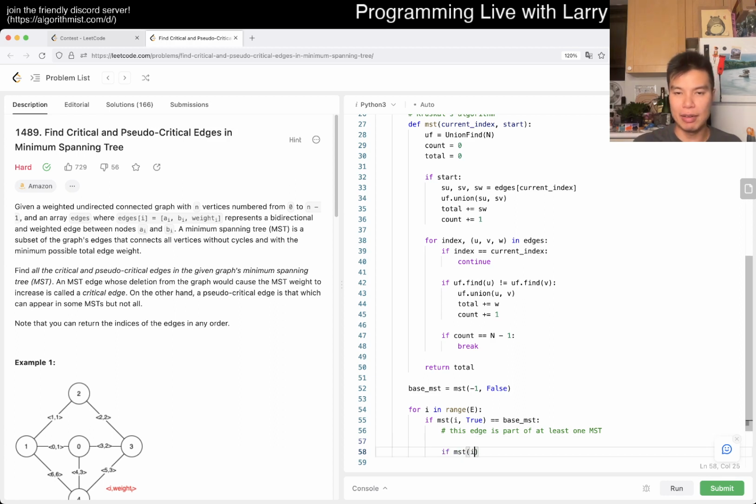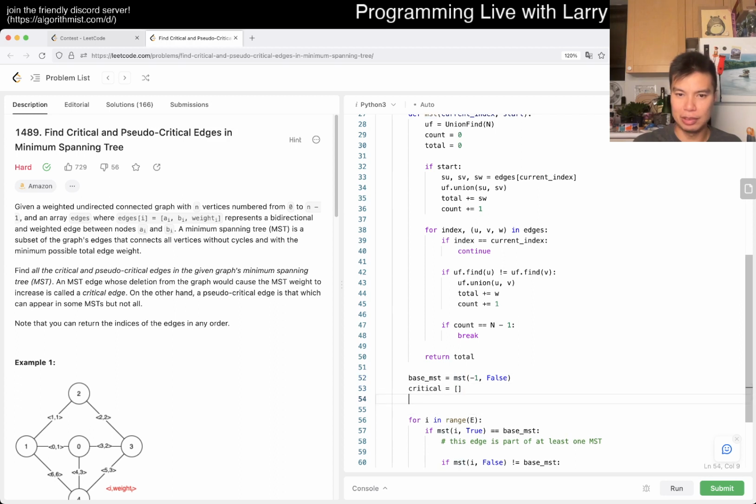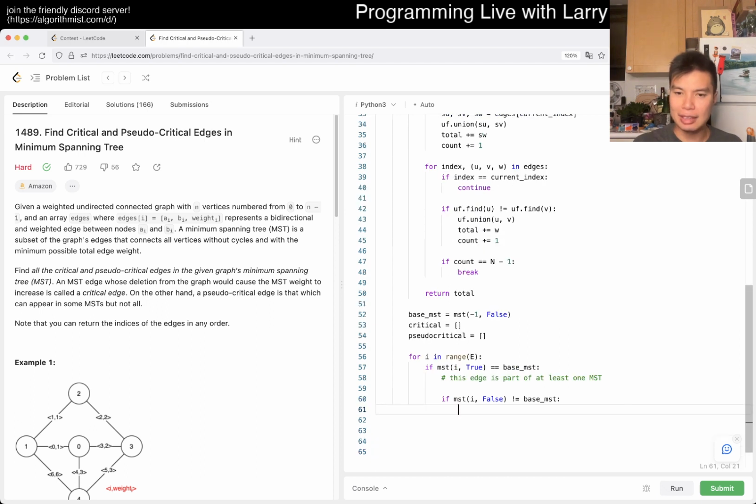If MST of i force is not equal to base MST, then this is critical, right? Let's actually also put the answer. So critical is equal to, pseudo-critical is equal to. So if this is not, that means that this is critical, and then we can append i. If it is the same, then it is pseudo-critical because it doesn't have to be in the thing. And I think that's it.